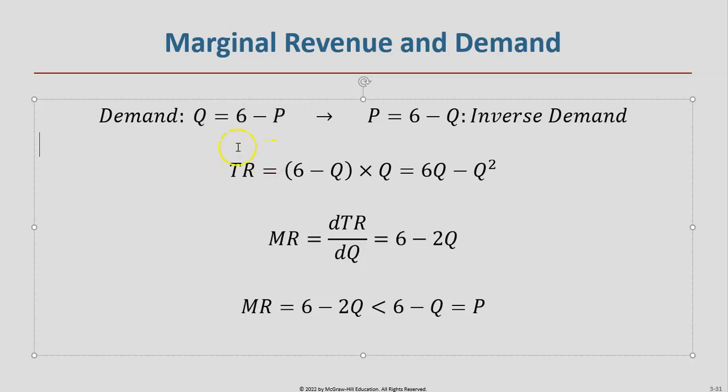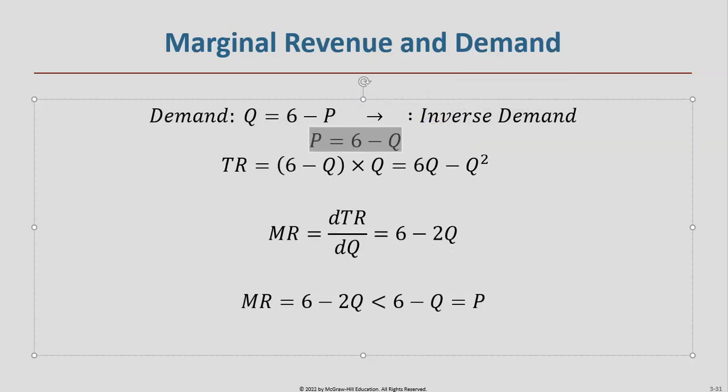Okay, and so the inverse demand curve is just price equals 6 minus Q. So the total revenue is price as a function of Q, price times quantity.